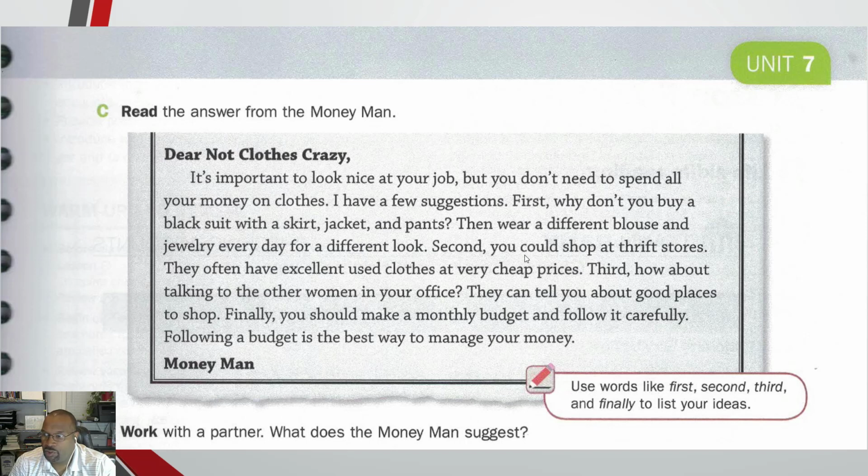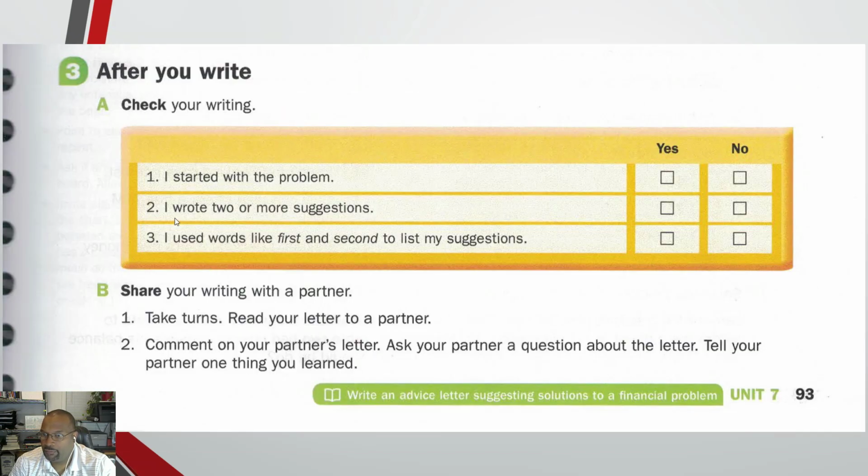Second, you could shop at thrift stores. Third, how about talking to the other women in your office? And then finally, you should make a monthly budget and follow it carefully. Okay? He wrote out four suggestions, right? First, second, third, and finally.